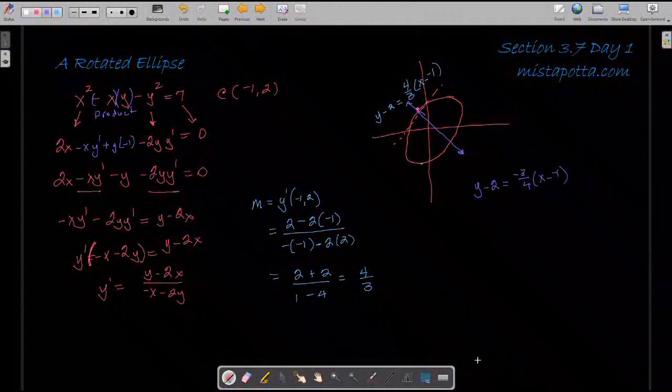So the key idea here is anytime that I take the derivative of a term that involves y, I need to end up with a y prime. And the reason we did this example is because of this x times y, I have to treat this as a product rule.